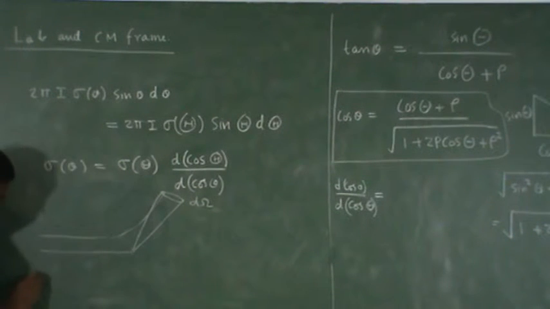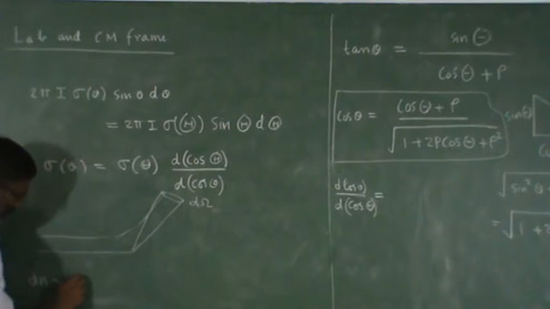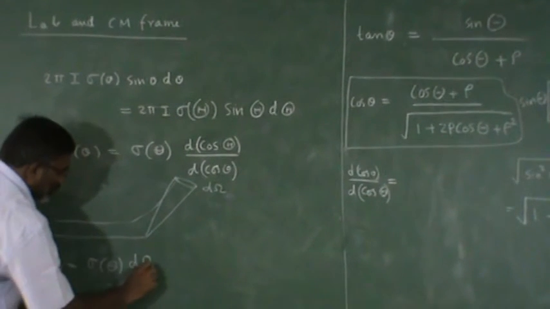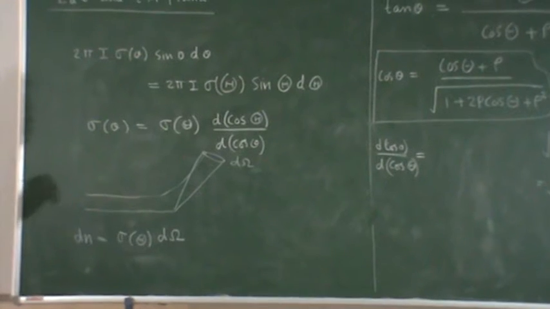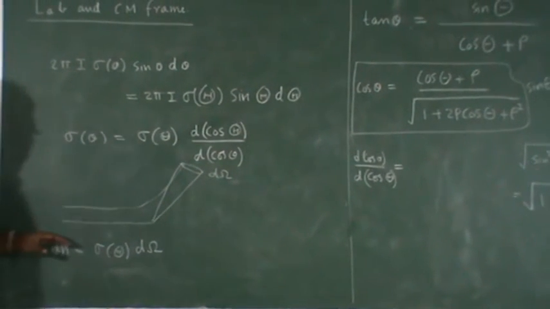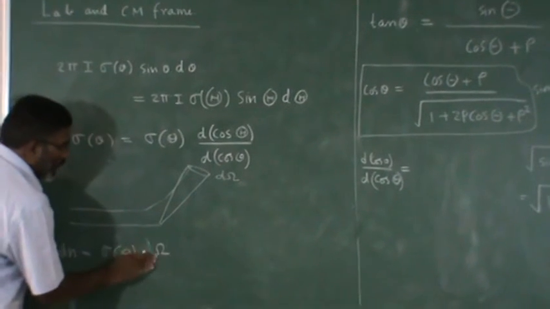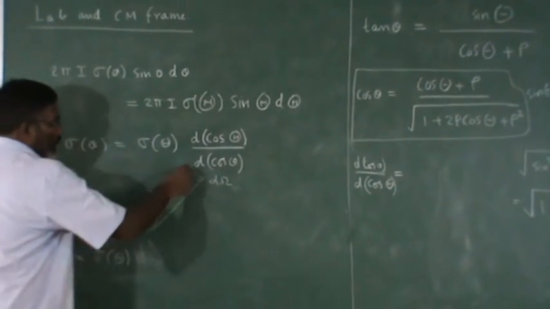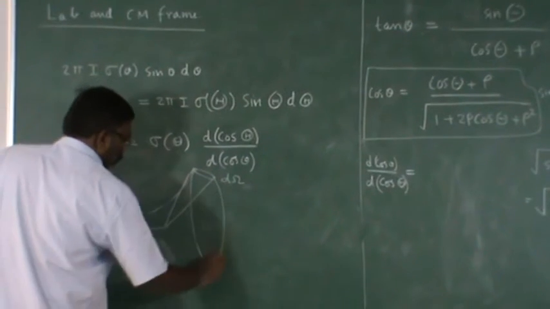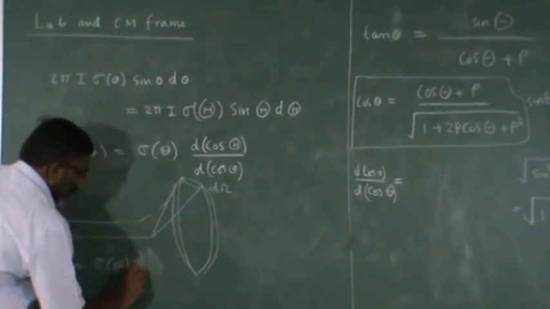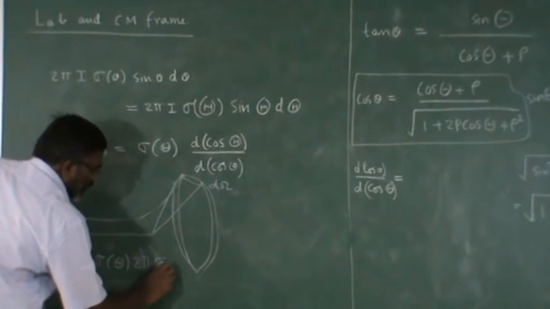So the number of particles is equal to sigma of theta into d omega. If you don't have any phi dependence, you can integrate phi and get 2 pi sin theta d theta.